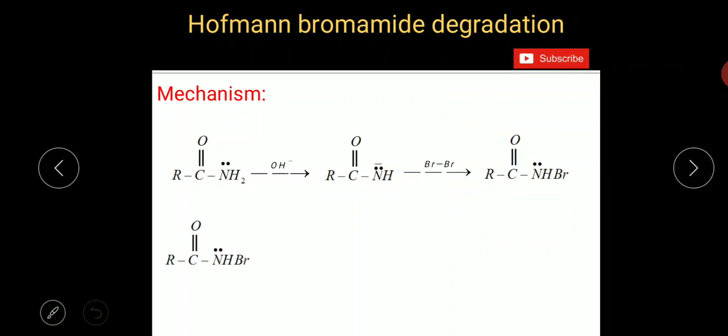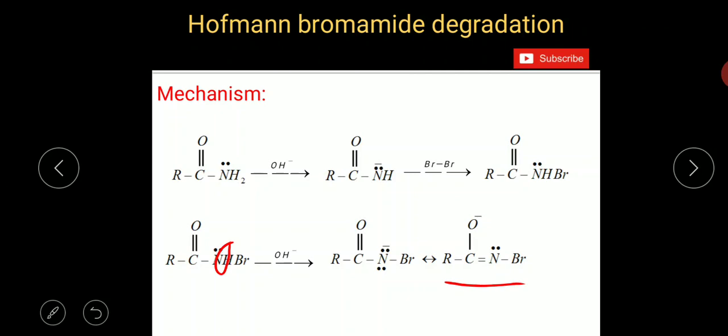And this N-bromamide, once again when it reacts with alkali, this alkali can remove another acidic hydrogen bonded to nitrogen and will give you a reaction intermediate of RCON minus Br. And this reaction intermediate can be transformed into another species.